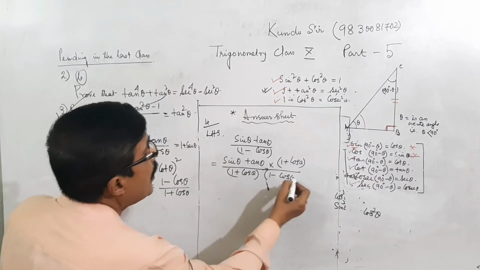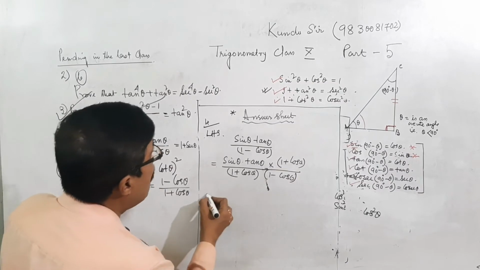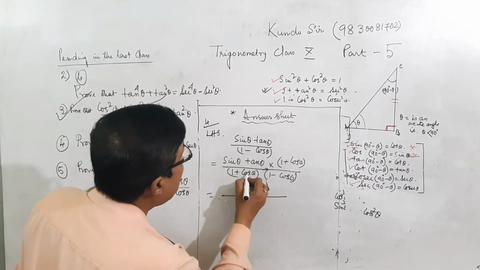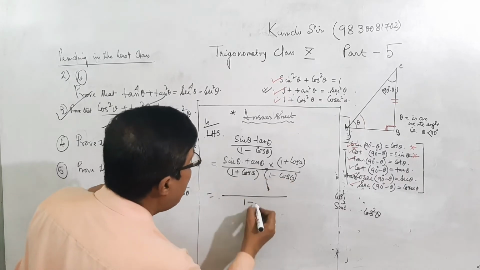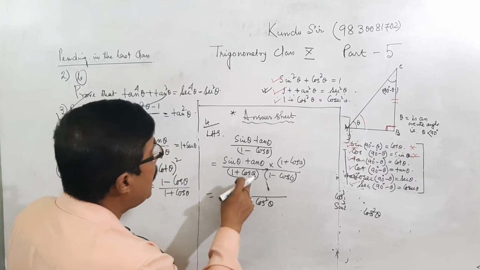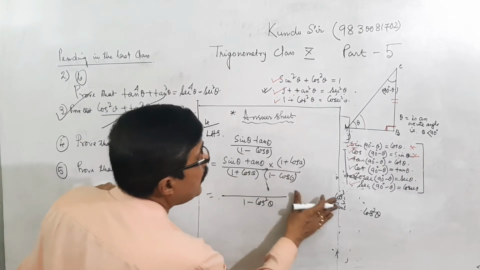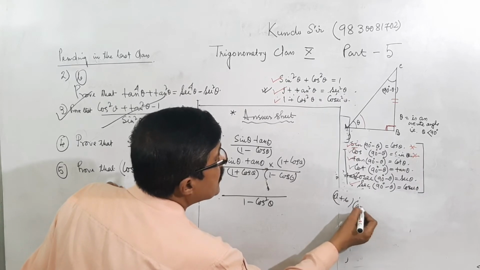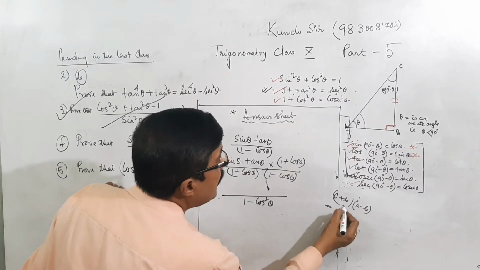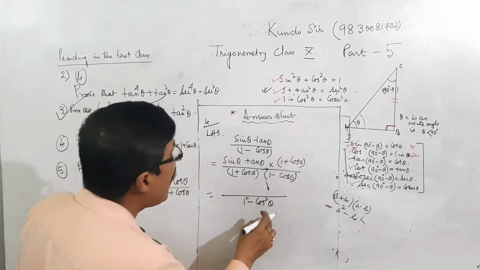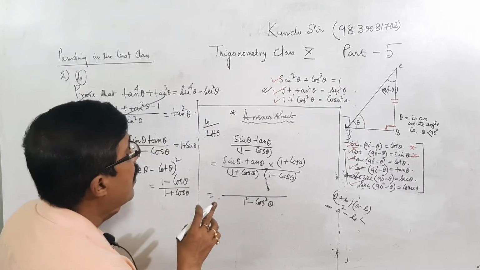Then in the denominator, a plus b into a minus b equals a square minus b square. I am writing again: a plus b into a minus b, a square minus b square, equal to 1 square minus cos square theta.